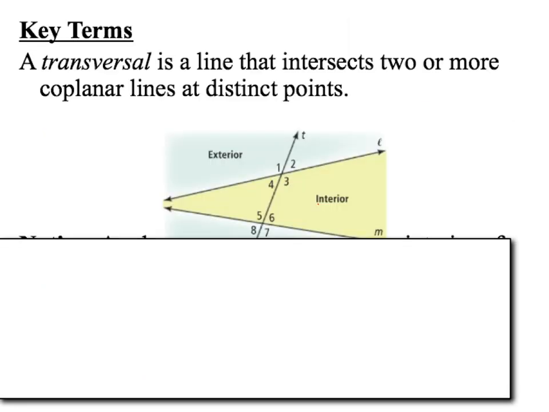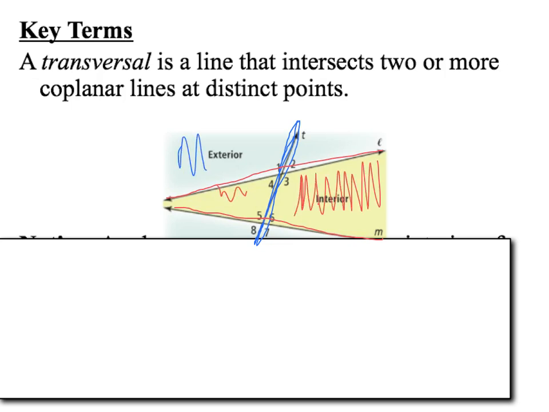I already mentioned the transversal once. In this picture, my transversal would be this line T right here, because this is the line that crosses over two other lines, line L and line M. When a transversal cuts two different lines, there's an inside, in between the two lines, and an outside.